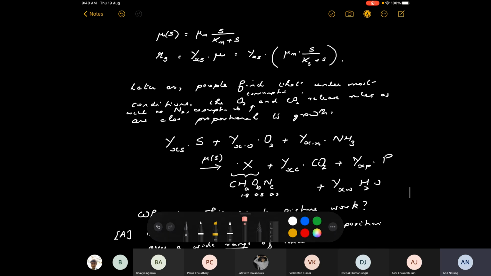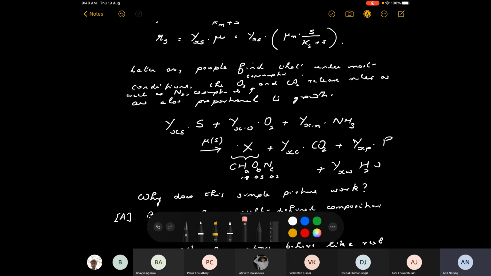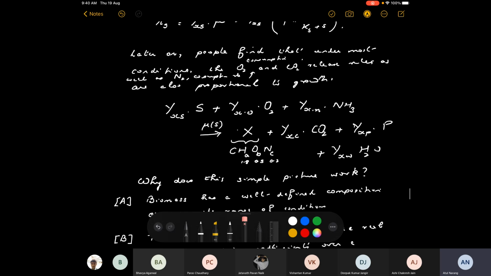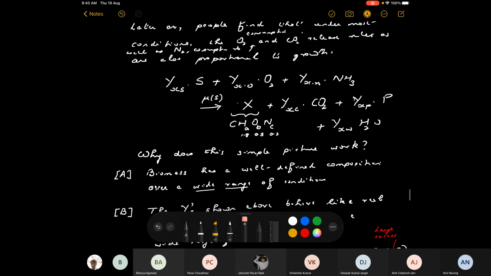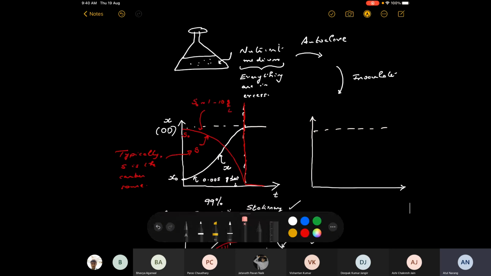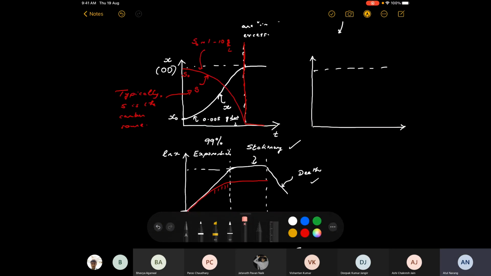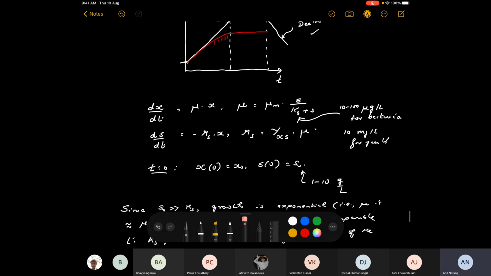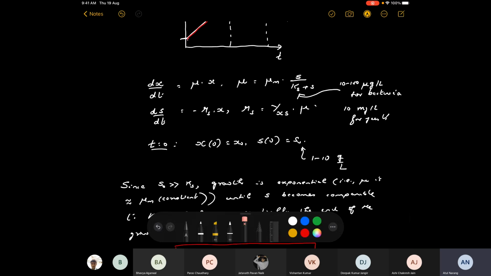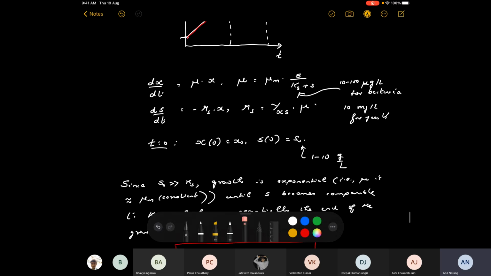And later on, people found that other things also hold, but we then moved on, looking at the repercussions of this model by looking only at the evolution of the biomass and substrate. I'll ask you to do the same thing for product. What are the repercussions of this model? What does it imply? And that model is stated over here.